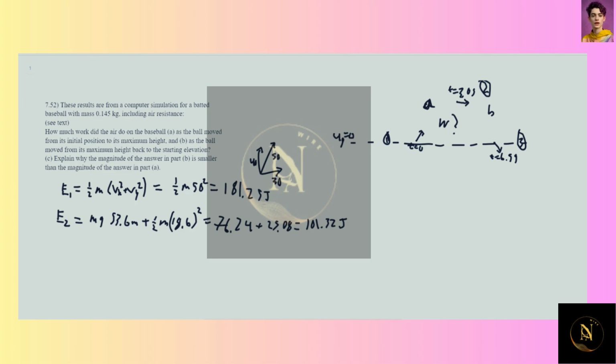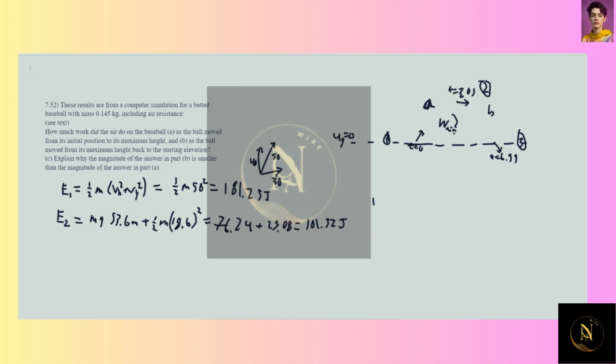Immediately we see that the energy from point 1 to point 2 goes down. The only work that can be done on that baseball is done by the air. Since it decreases the total energy, the work done by air is negative. It's just the difference between them.